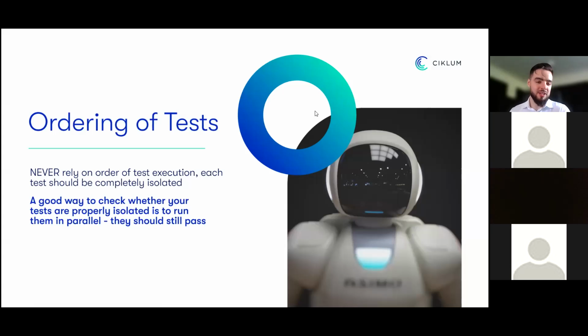Actually, you should turn it on anyway, but if you don't have it turned on yet, just do it and it will show you pretty quickly what dependencies between tests you haven't thought of. And this is a good way to check that. But yeah, you should never rely on the order of test execution. That should be ingrained in your memory forever.